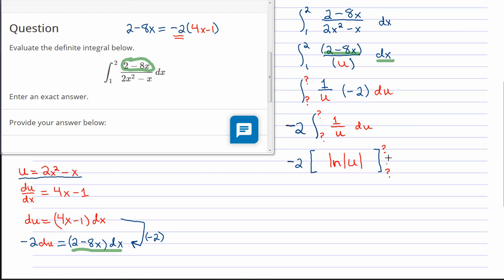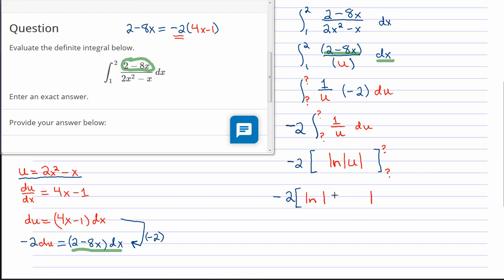So that's one of those special antiderivative formulas that you've probably talked about in class already. So now at this point I'm stuck unless I can get rid of these question marks. And the way I'm going to get rid of those question marks is I'm going to back substitute. I'm going to bring x back into the picture. So if I think about what was u, u was just a placeholder for something more complicated. U was a placeholder for 2x squared minus x.